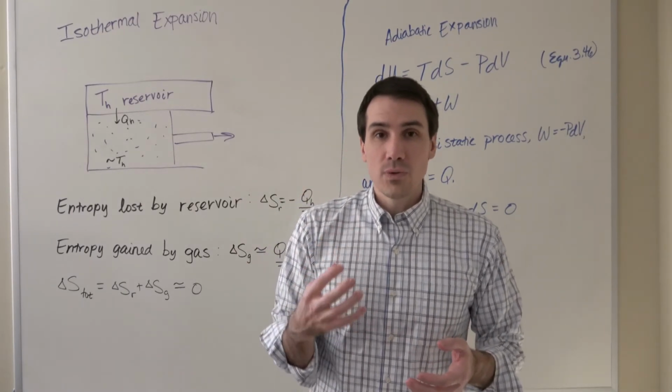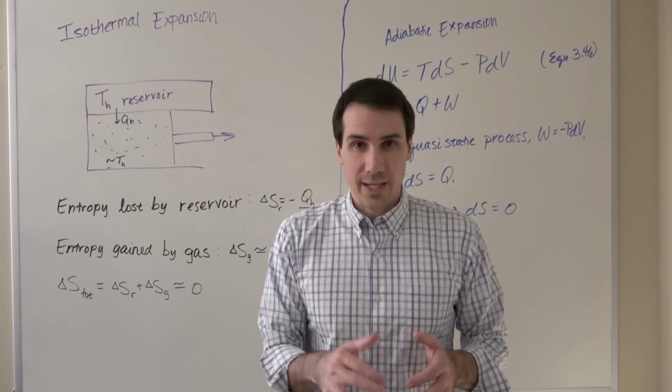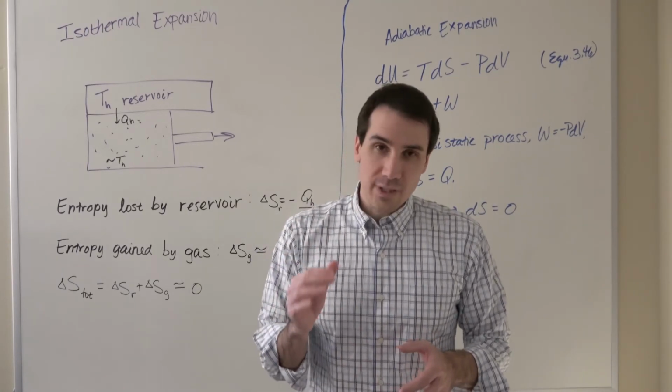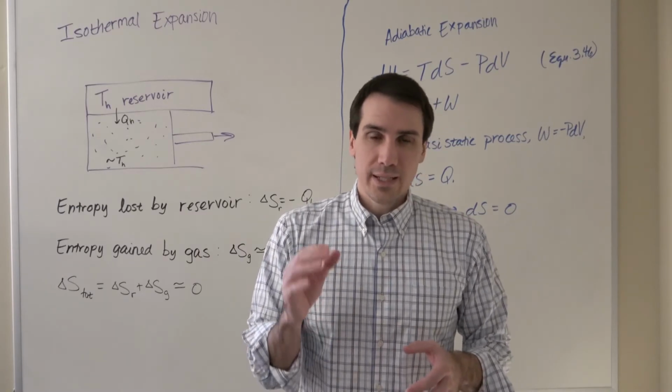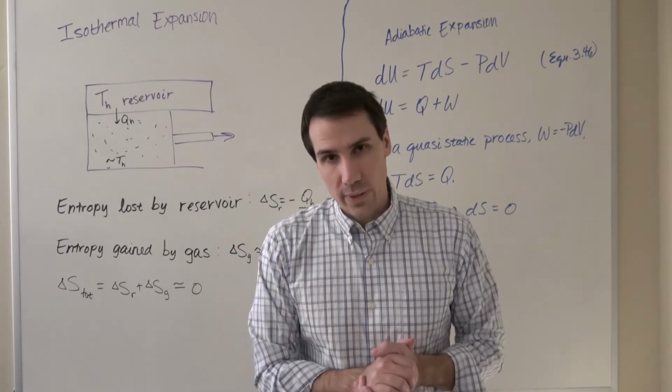This means that it is the most efficient possible cycle for an engine that we can create. And any engine that does not follow the Carnot cycle can be no more efficient than a Carnot engine.